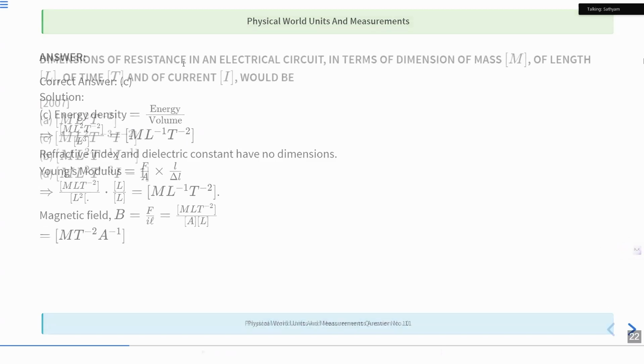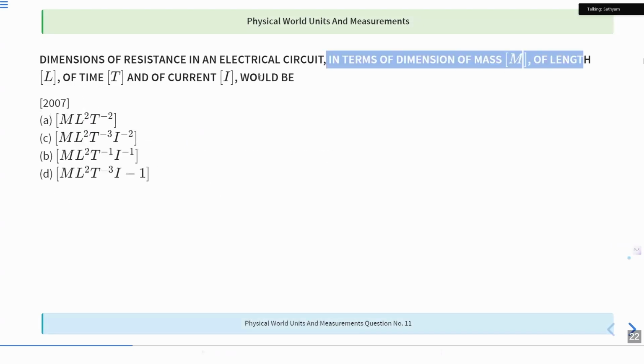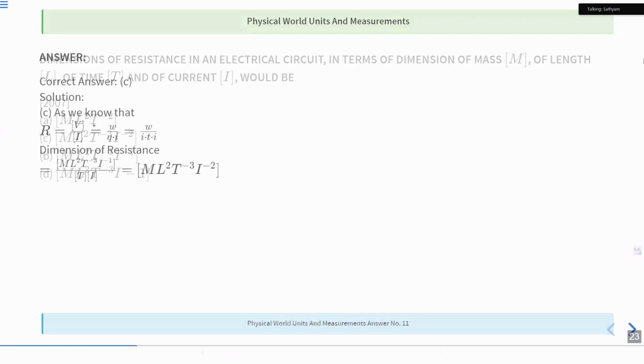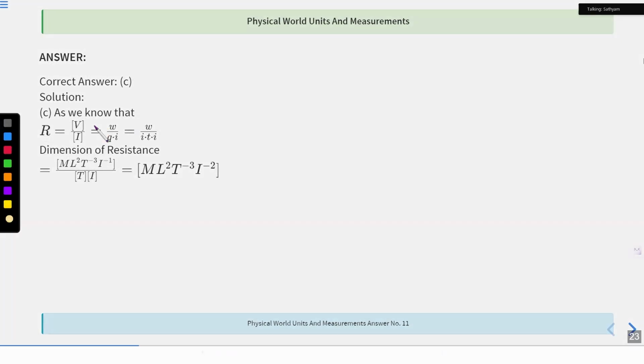Dimension of resistance in an electric circuit in terms of dimension M, L, T and I would be. So what is resistance? You should remember the law V is equal to IR. This is the law. They have told resistance.